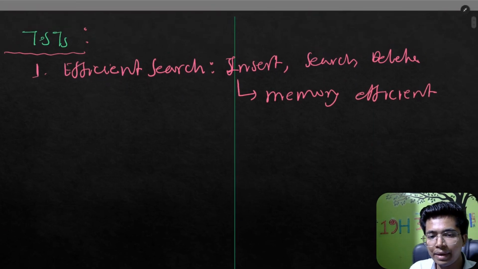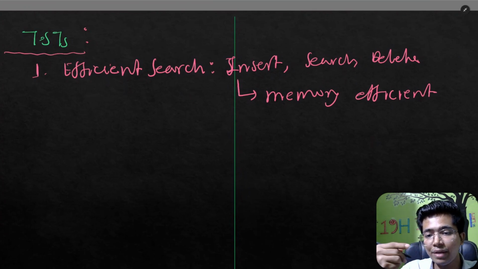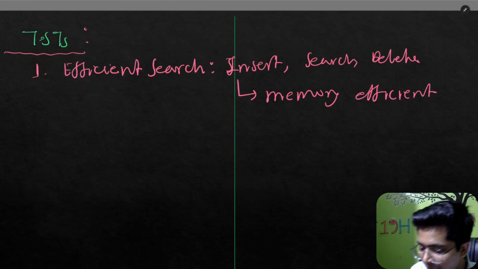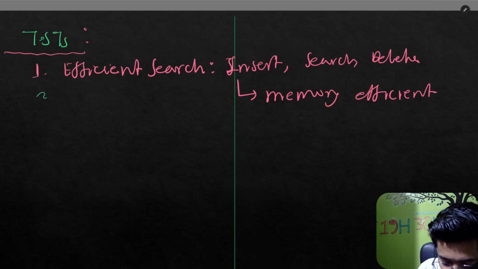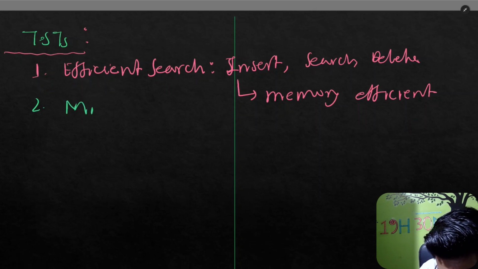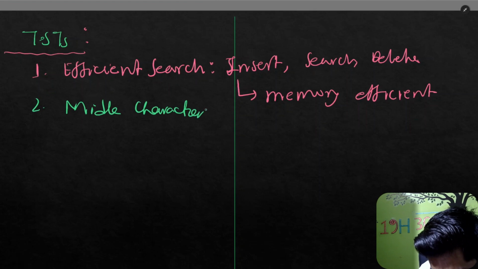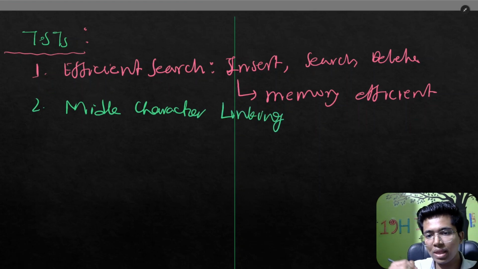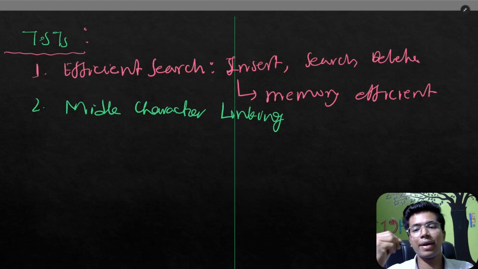The second important thing, which is different from the binary search tree, is middle character linking. What we do in a ternary search tree is that we always link the middle character. So this is one thing that is different from the binary search tree.